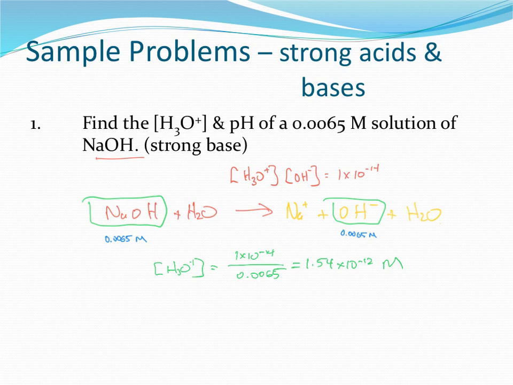Now, using the hydronium ion concentration, we can find the pH.